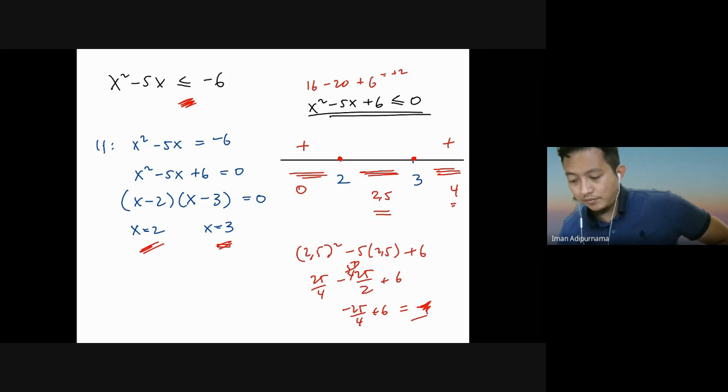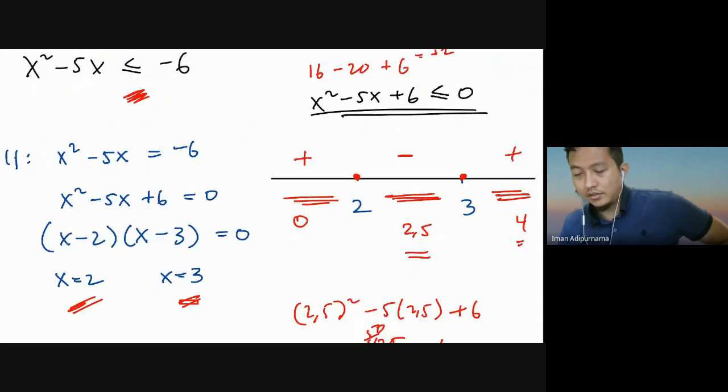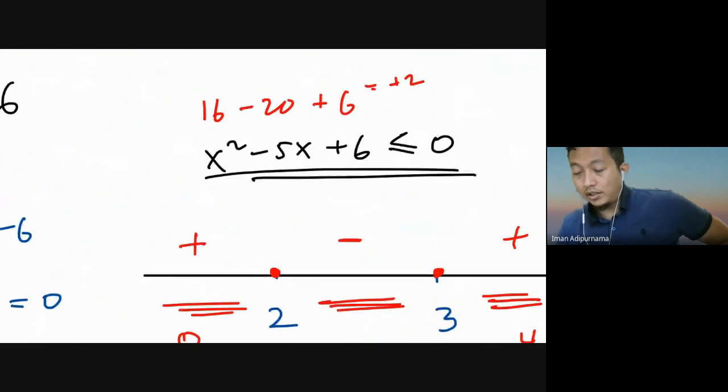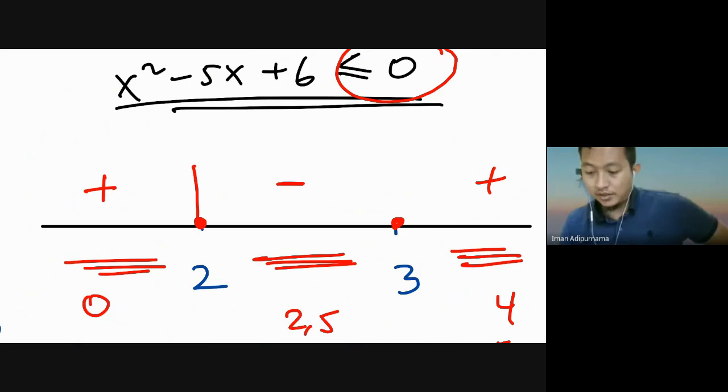Negative something. I don't care about the number, but I know it's negative. From the fraction, it's greater than +6, so it should be negative. So the whole thing here is negative. What we are looking for is less than or equal to 0, which means we need to have 0 or negative, right? So we need to find a negative one, including the one that makes 0. All right, do you get my logic? So this is our answer.